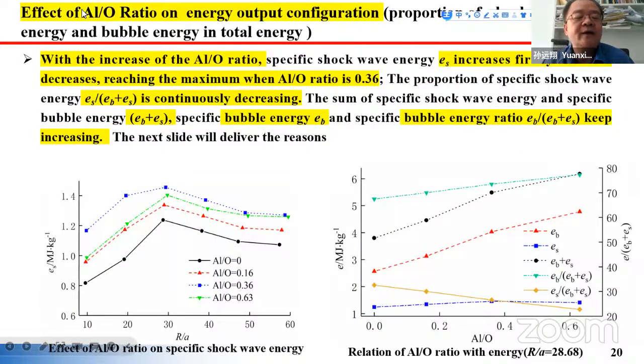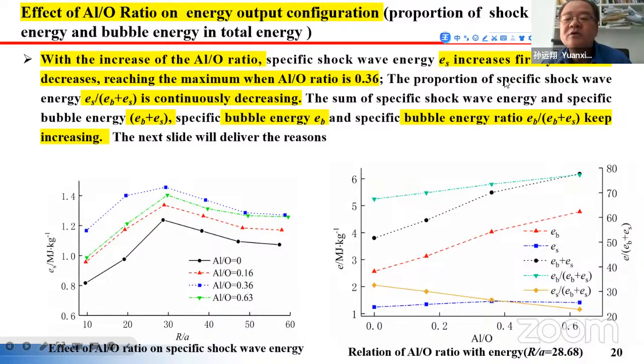Here is the effect of the ratio on the energy output configuration. This shows the proportion of the shock wave energy and the bubble energy in the total energy. With the increase of the ratio, the specific shock wave energy increases first and then decreases, reaching the maximum when the ratio is 0.36.